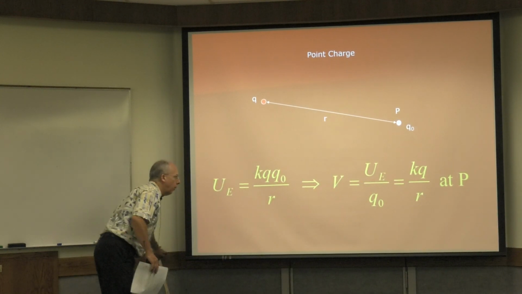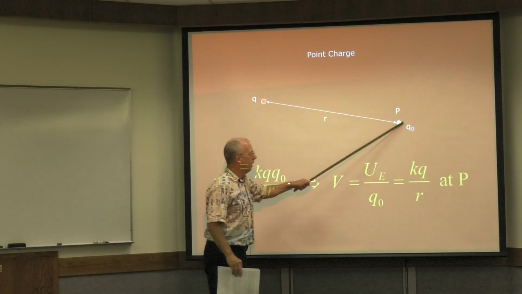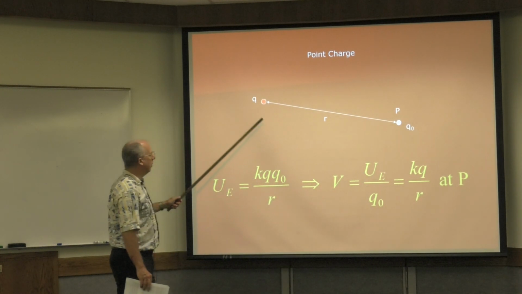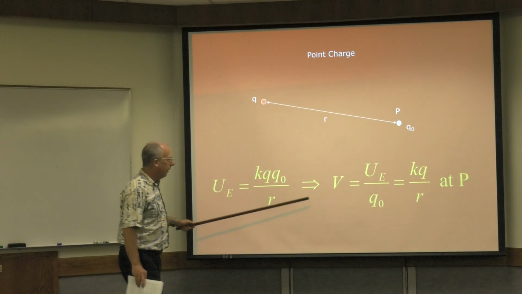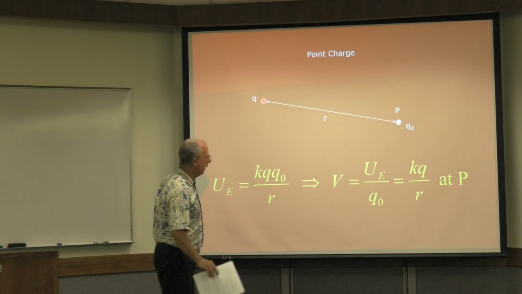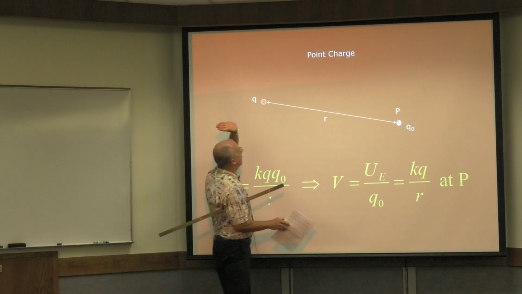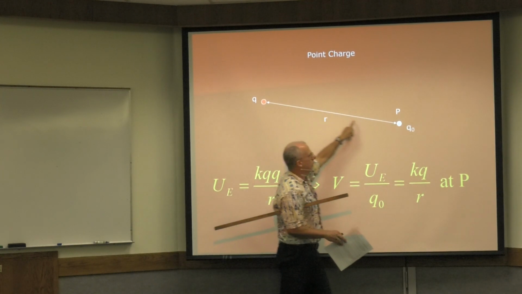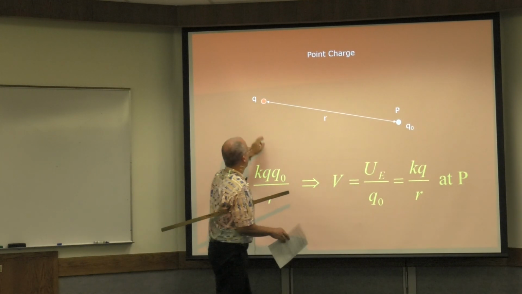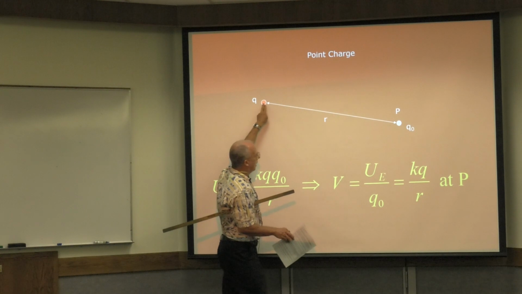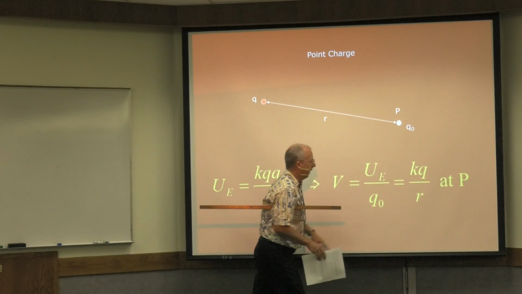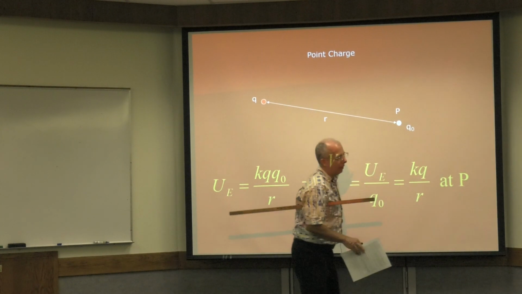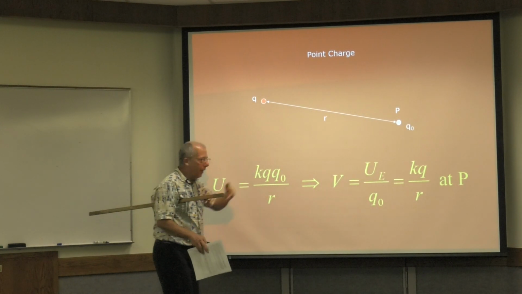So that means at this point P, the potential field, or the V field, that this guy creates is KQ over R. And notice, it only depends on this, and of course, you know where you are. So the V field of this guy is KQ divided by R, and it does not depend on the probe, because why should it? Remember the stinky fish and all that?